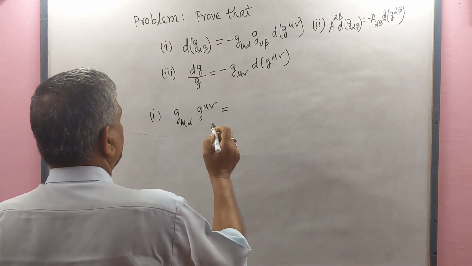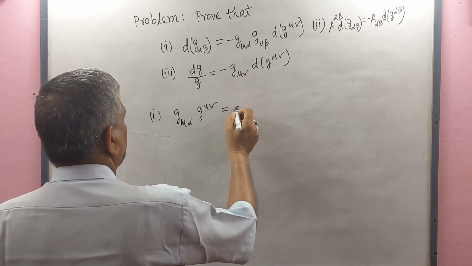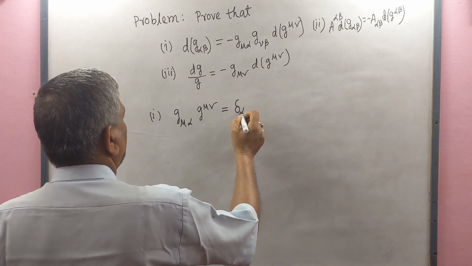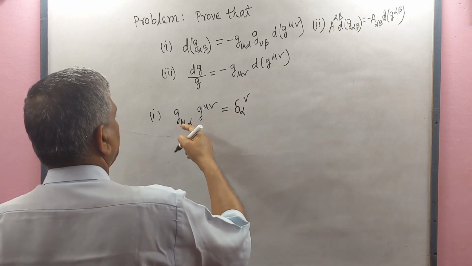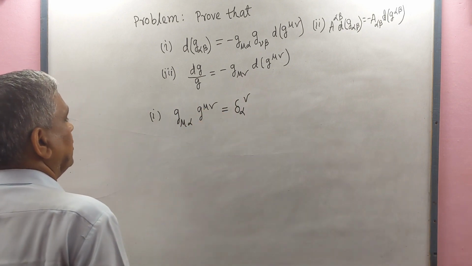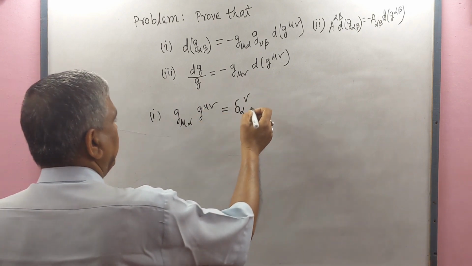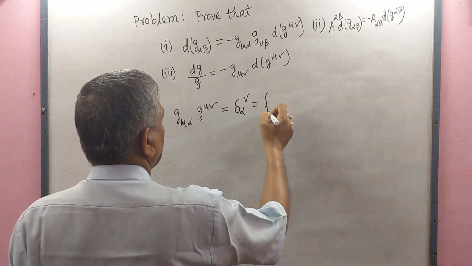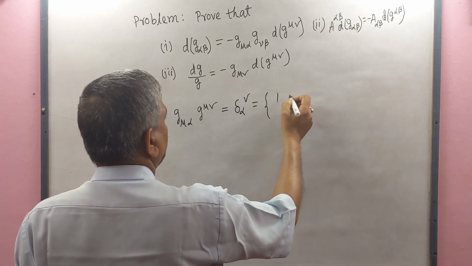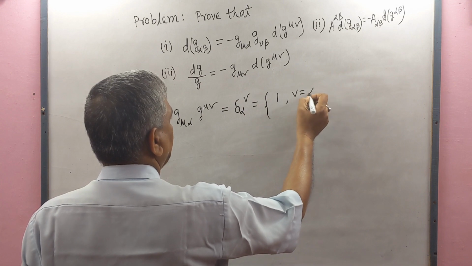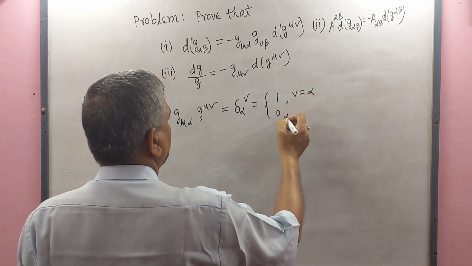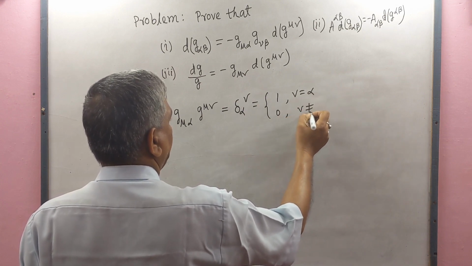The value of this is, with mu common, equal to 1 for nu equal to alpha and 0 for nu not equal to alpha.